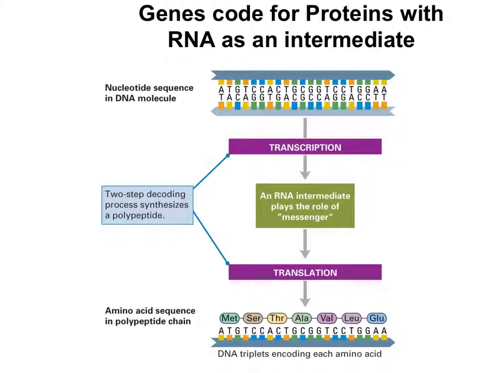The basic central dogma of biology is that you have DNA making RNA, which makes a protein, and so there's a two-step decoding process where you have transcription, making the messenger RNA, which is then translated into the polypeptide chain.